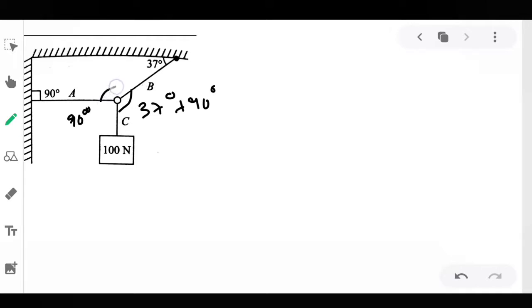Similarly, this angle should be 180 degrees minus 37 degrees.